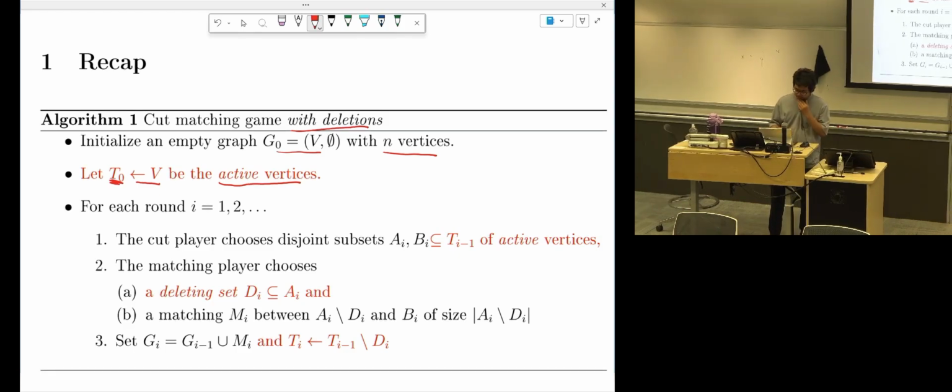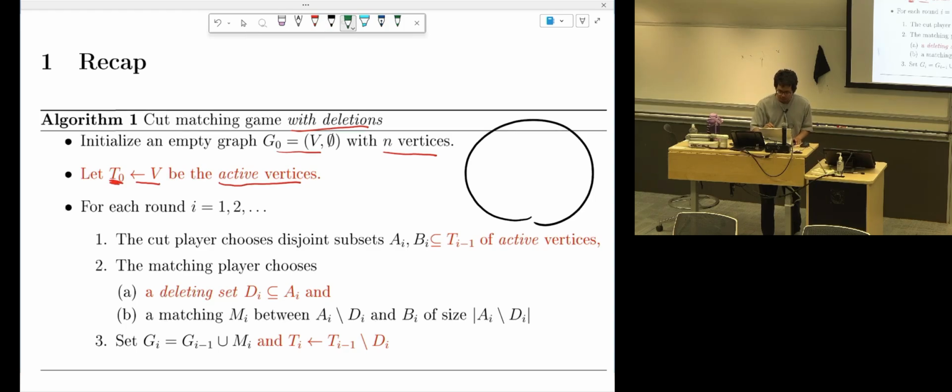Then in each round, the cut player will look at the current active set and choose two sets, AI and BI, within the active set.